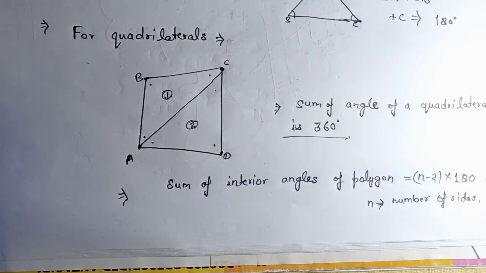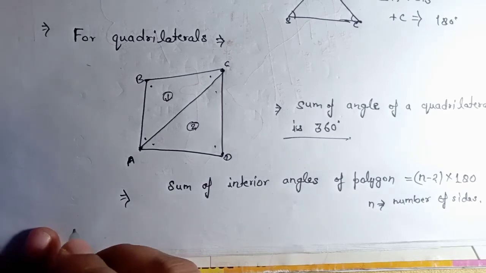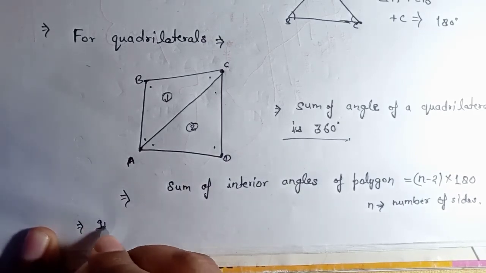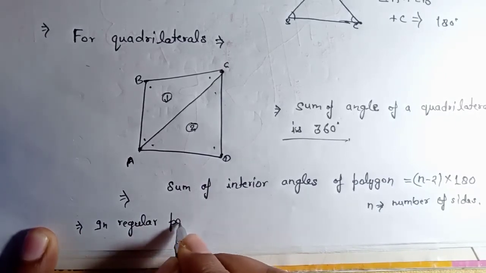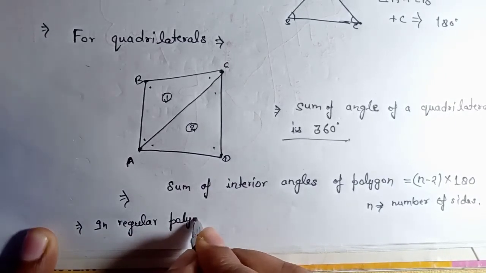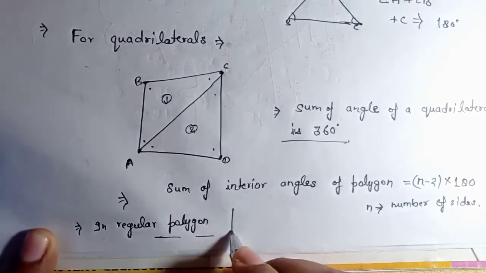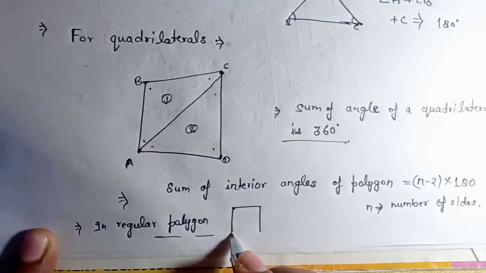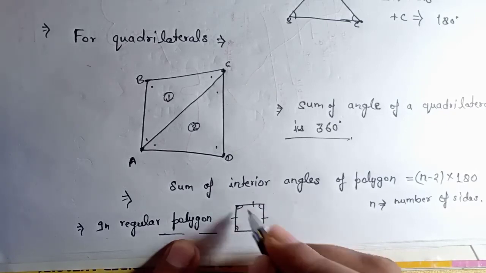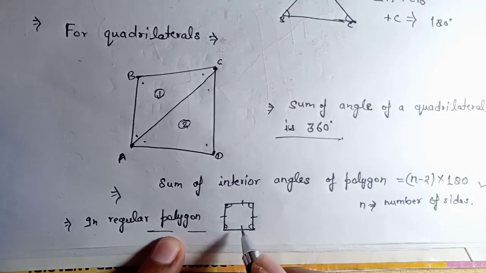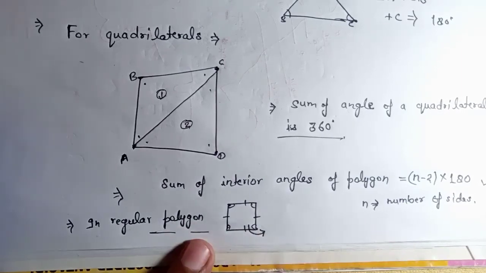And consider one thing, in case of a regular polygon we can find the angles of the polygon. How? In a regular polygon, we know all the sides and angles are the same. Consider the square, all the sides and all the angles are equal. And if you have to find an angle of the polygon, then what to do?